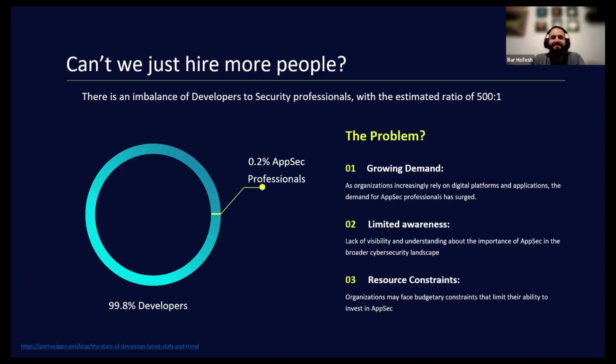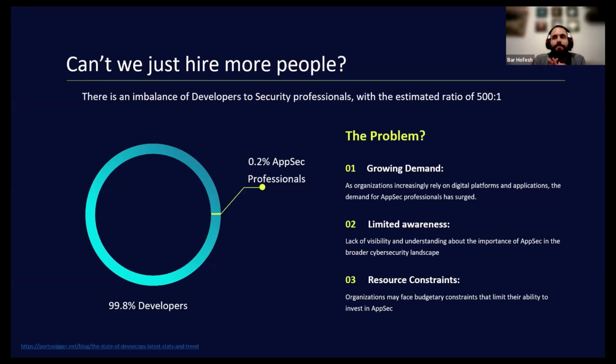No. The reason we can't just hire more people is that there is a very large imbalance between developers and security professionals out there. For every 500 developers, there's one application security expert.